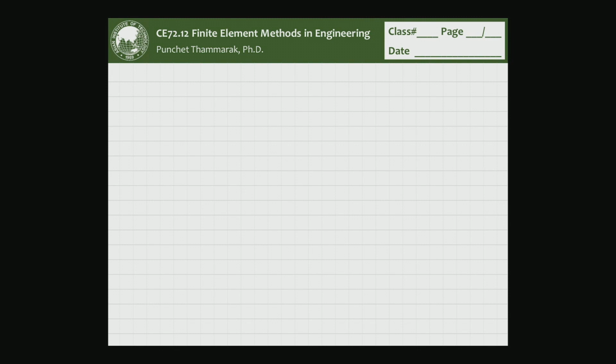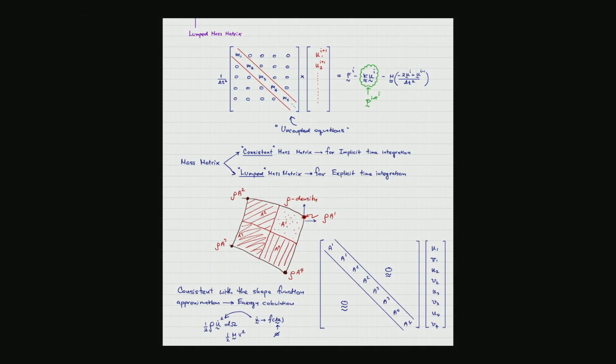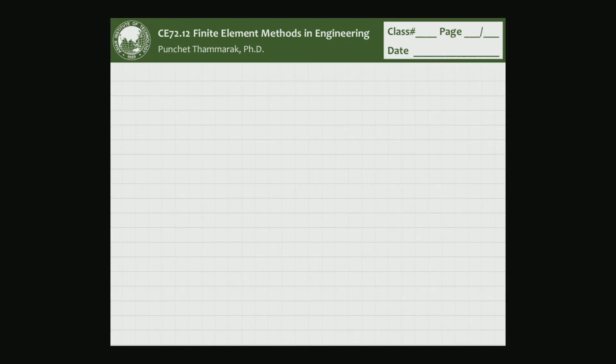So the mass matrix itself, if we pick up from this point, a half times the m, v square, and let's take a look at the displacement vector.